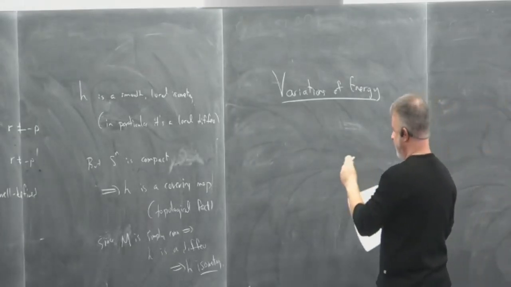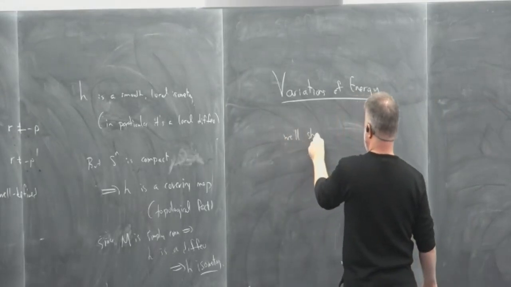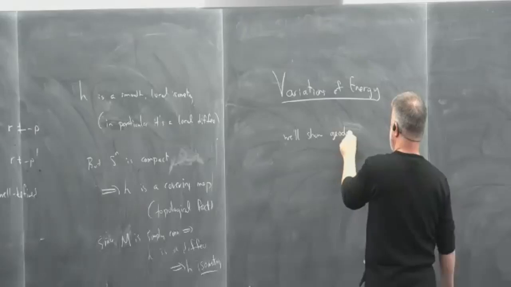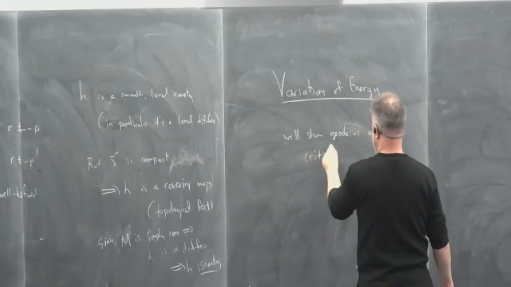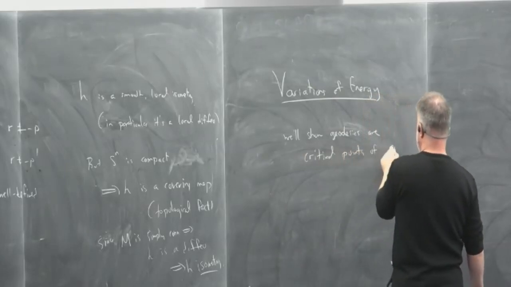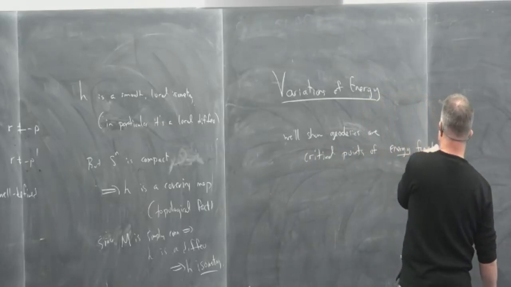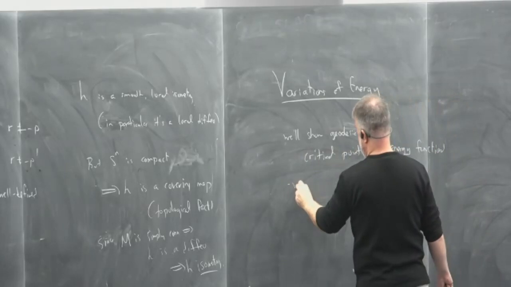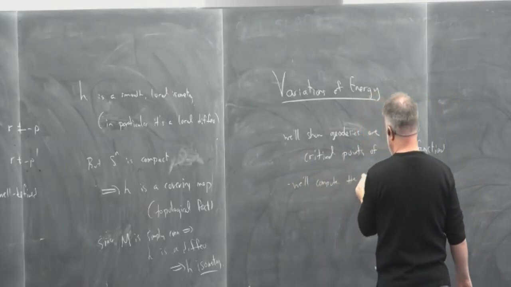Okay, so the punchline, we'll show geodesics are critical points of the energy functional. We'll compute the second variation formula.